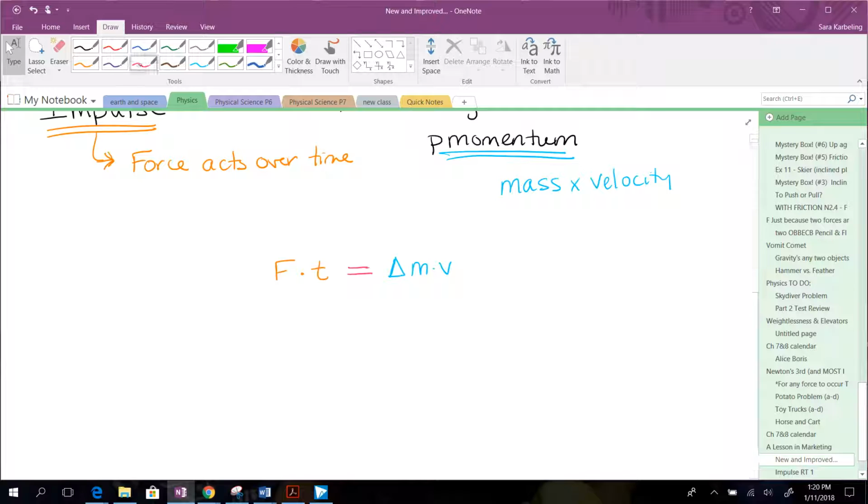So I'm going to rewrite this, and I'm going to say that force times time is equal to mass times the change in velocity, or for my friends that are not super excited about that delta, I'm going to write that as final minus initial. Is that okay with everybody? I'm just literally taking the change in and writing it as what it is. How you doing so far?